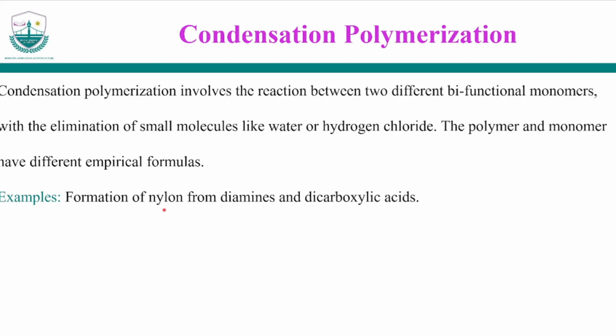So, nylon is a condensation polymer, and this nylon is made from diamines. So that means that the amine that you're talking about here has two amino groups, and these amino groups are the functional groups you're talking about here.